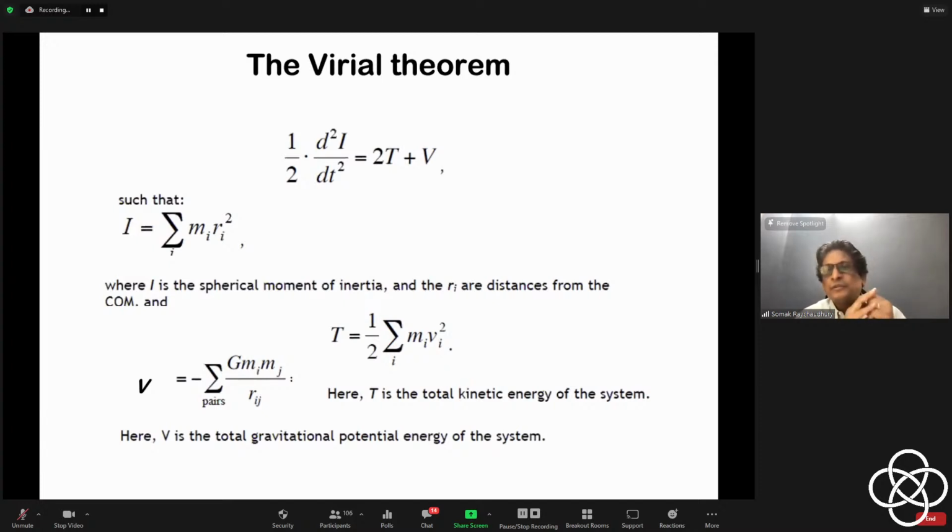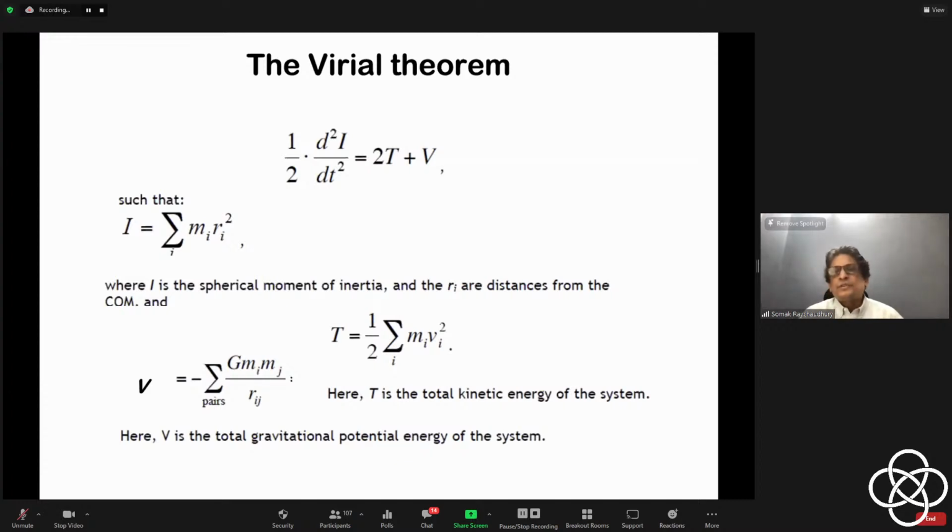The idea is as follows: if you have a system of particles where there's thermal motion in the particles, then twice the kinetic energy plus the potential energy of the particles, time averaged over a very large amount of time, not over individual orbits, but a time scale that is much larger than individual orbit time scales, is equal to this quantity, which is the second time derivative of the moment of inertia of the system, right?